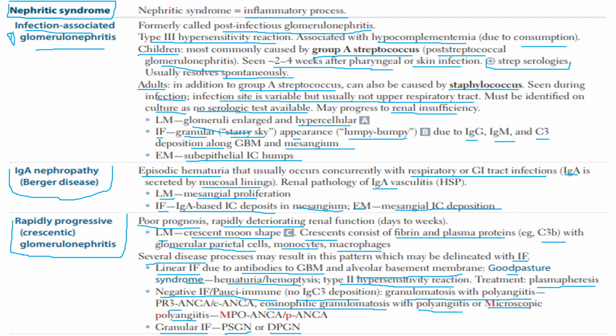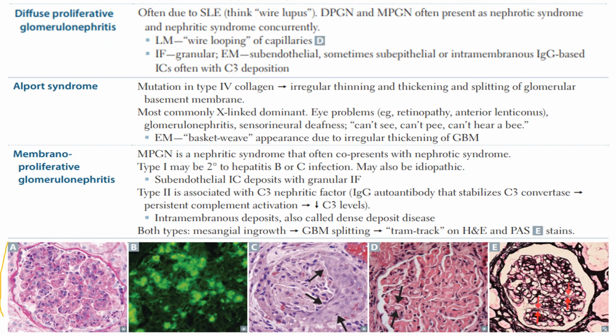As you can see in this image, it is a light microscopic image of infection-associated glomerulonephritis, which shows glomeruli enlarged and hypercellular. Now, this image is the immunofluorescence of infection-associated glomerulonephritis.